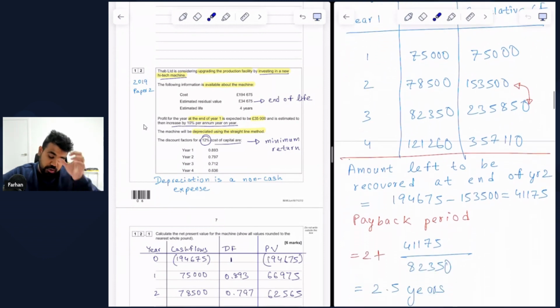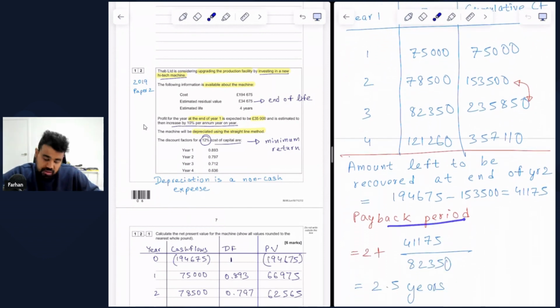So if I was to find the payback period, we both of us understand that it's minimum of two, so it's two plus something. So what's the something that we're referring to? The amount left to be recovered is 41,175, and that is what we will be recovering from the next year's cash flow, which is year three's cash flow of 82,350, right?